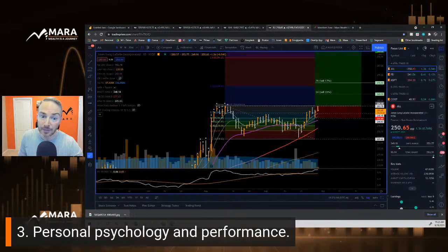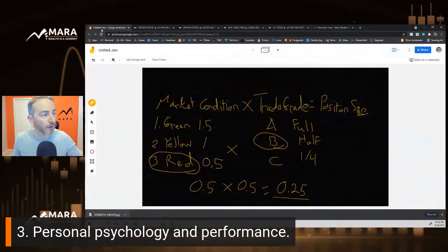And so it's good then to build in a mechanism where if you happen to be on tilt and you don't realize it, that you're automatically going to be scaling your position size down. And that's why for my formula in this, for the market condition part, I'm also factoring in trade performance and personal psychology.